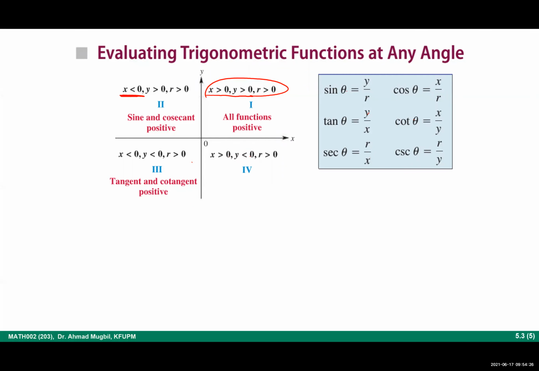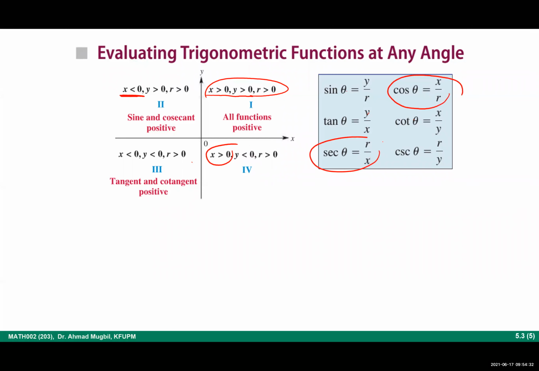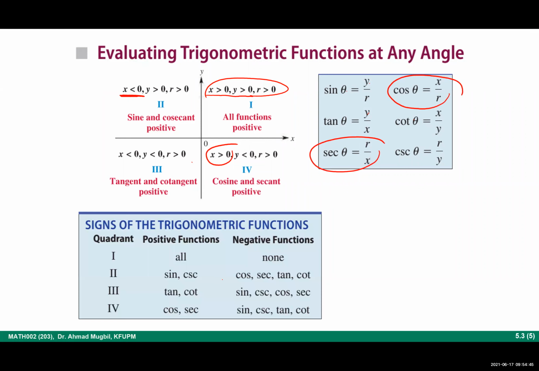In the fourth quadrant, what is positive? We are looking for what is positive. This will be positive and this will be positive. X is positive. Anything containing Y here will be negative. So what is positive in the fourth quadrant? Cosine and secant. So shortly, we can put it in this table. What is positive is here, what is negative is there.